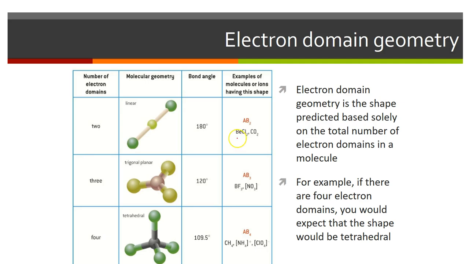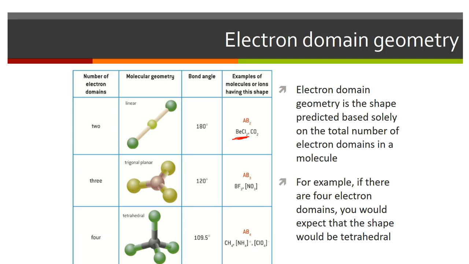Okay, remembering that beryllium chloride can also take that form. That's one of our other exceptions. Our trigonal planar, we're only going to have 3 electron domains because there's no lone pairs, so we will also have trigonal planar in terms of our electron domain geometry. And then tetrahedral, where we have 4 electron domains, it'll be a tetrahedral electron domain geometry.